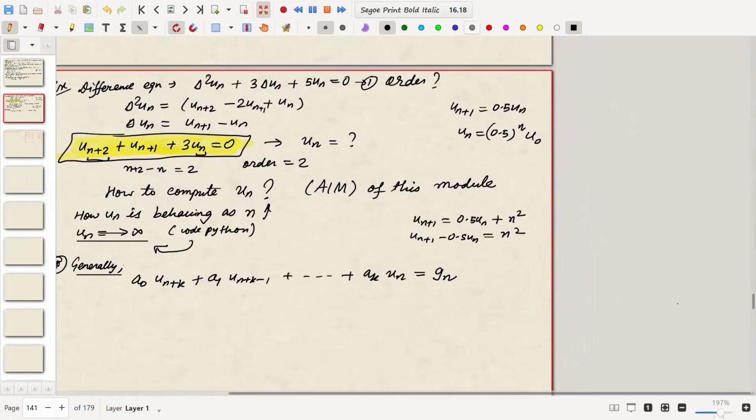Can you see a relation between this form and that form? a naught is 1 here, minus 0.5 is a1 that I have multiplied with un, and gn is nothing but n square. gn is a function only depending on the value of the variable n. So it can be n square, n cube, log n, anything.